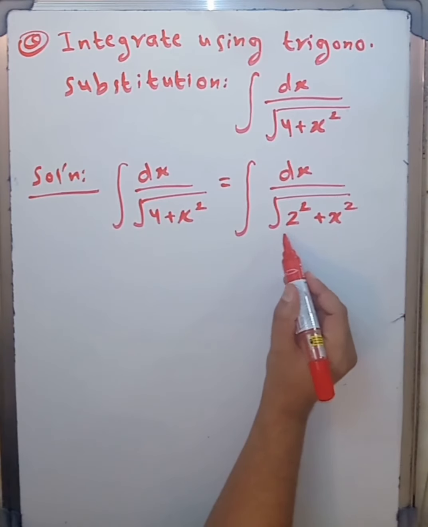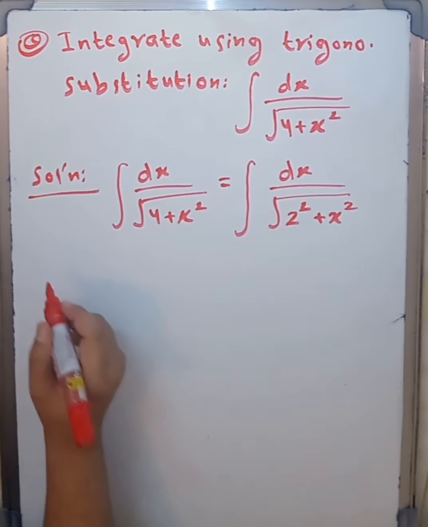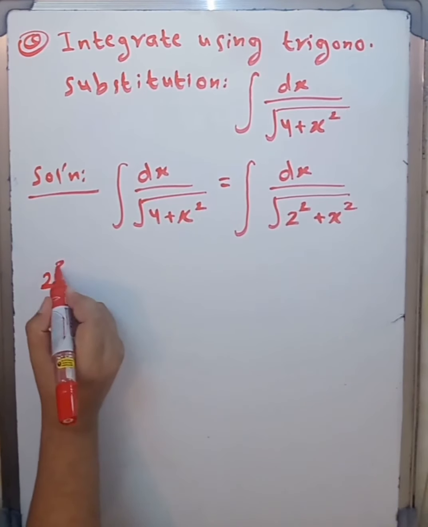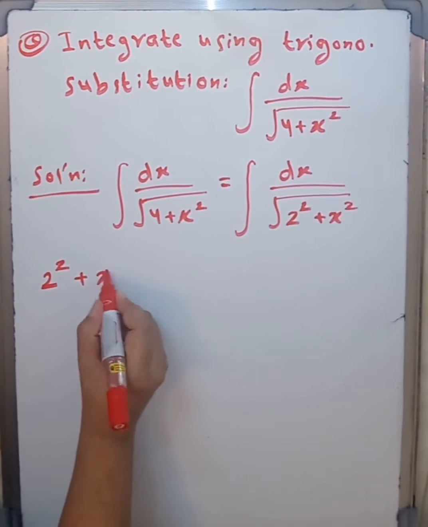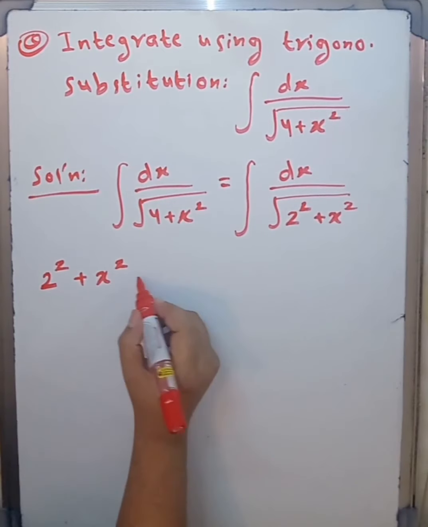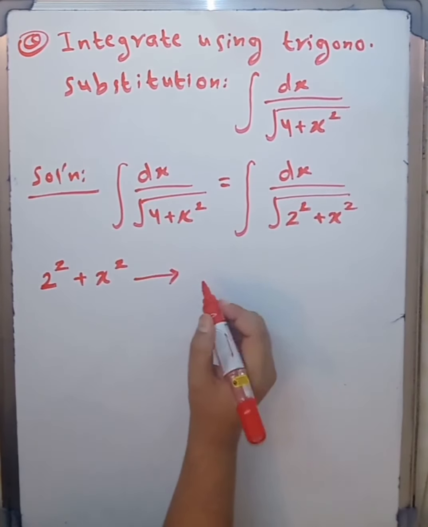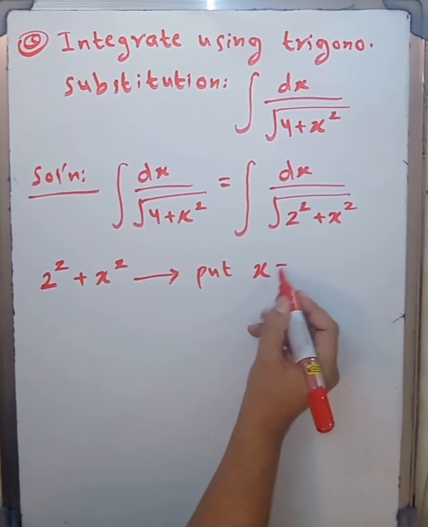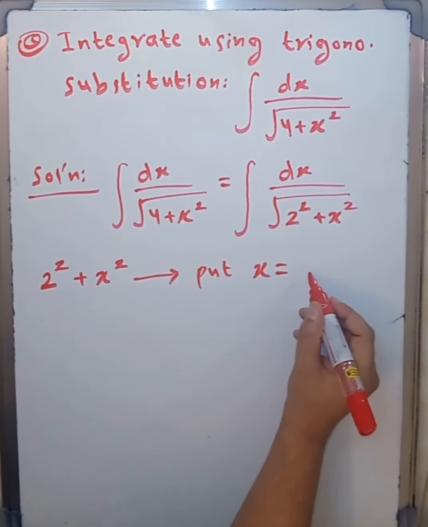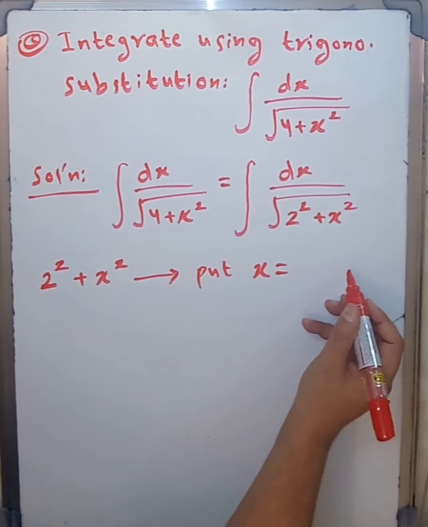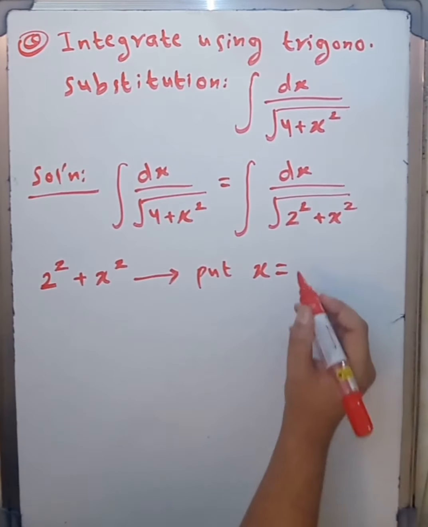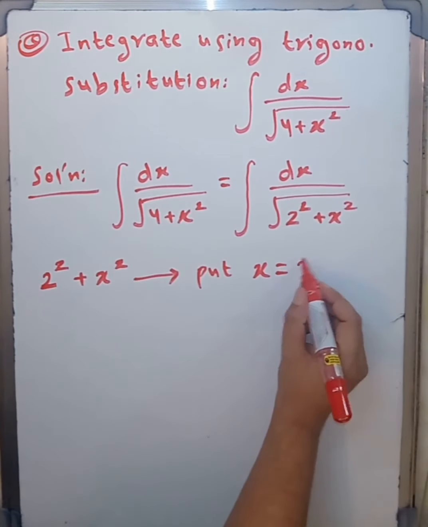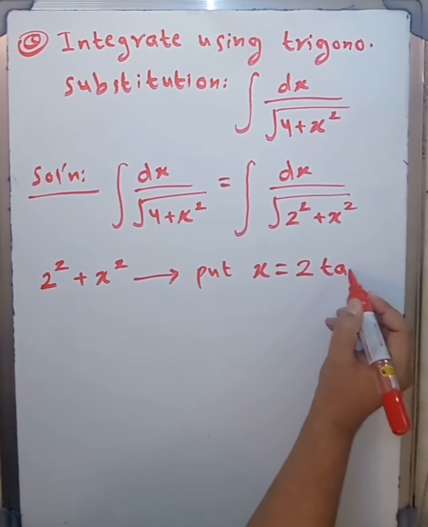It means a is equal to 2. Therefore, we will substitute x as 2 tan theta.